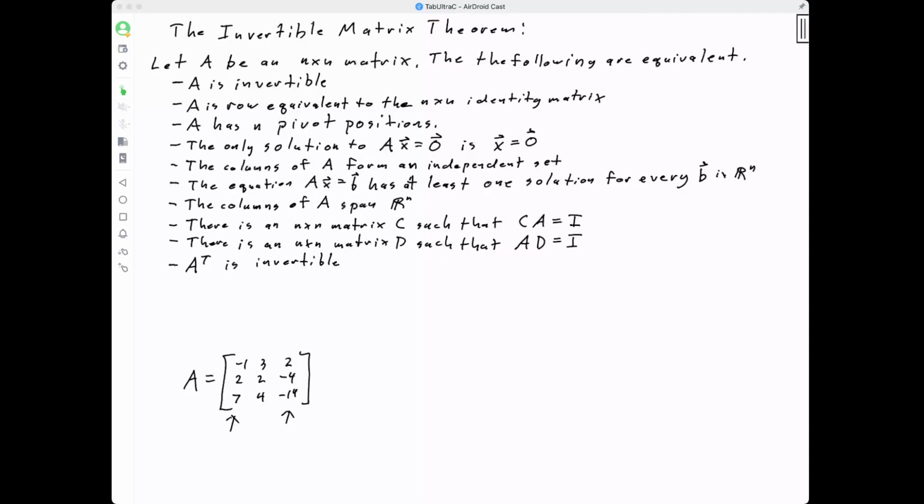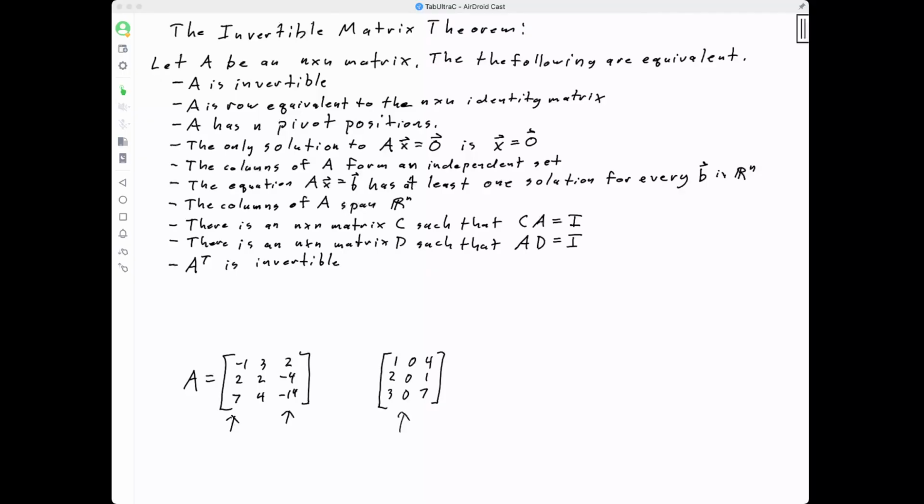Another thing that will show up sometimes is if I have something along the lines of 1, 2, 3, 0, 0, 0, 4, 1, 7. As soon as there's a 0, 0, 0 in it, I can build that column by adding 0 times the first column. And so this is not linearly independent, so this is not invertible.